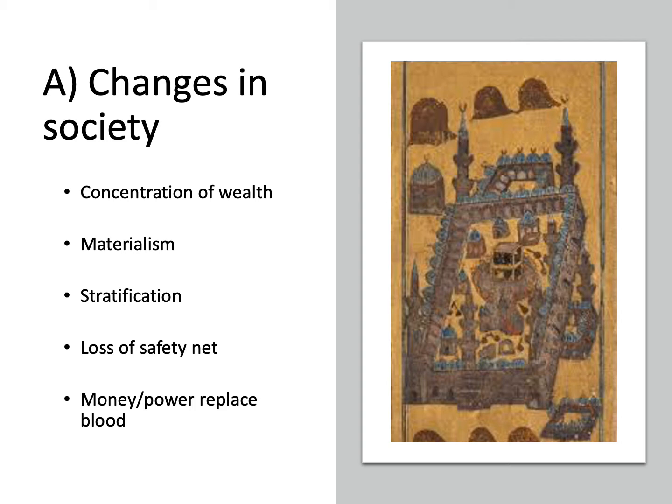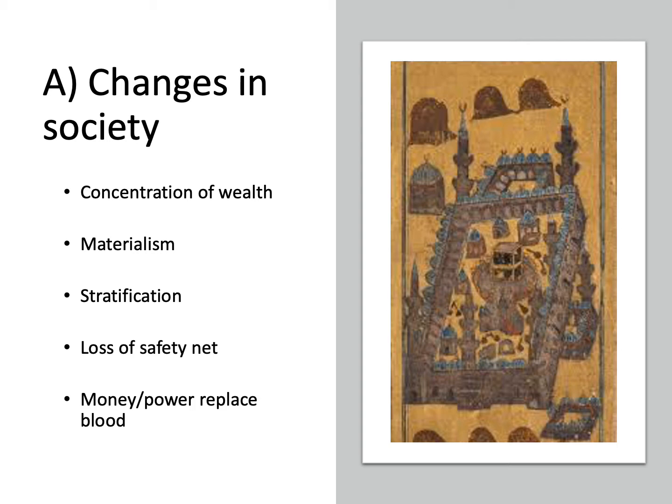And one of the things that happens as individuals accumulate physical wealth is the emergence of materialism in society. So goods as an outward sign of your status, goods as an outward sign of how much you have. And this is obviously going to lead to stratification, because some people have more, other people have less.